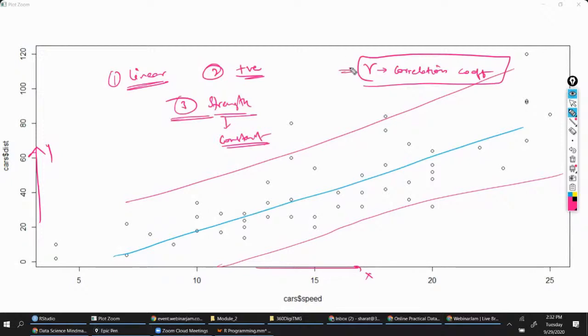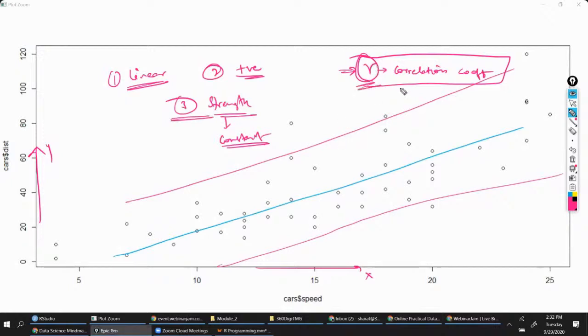This small r has a very big formula: summation of xy times the sample size minus the product of the summations, and the denominator will be very big, with a square root. It's a big calculation. You do not need to remember the formula, so I'm not talking about it.